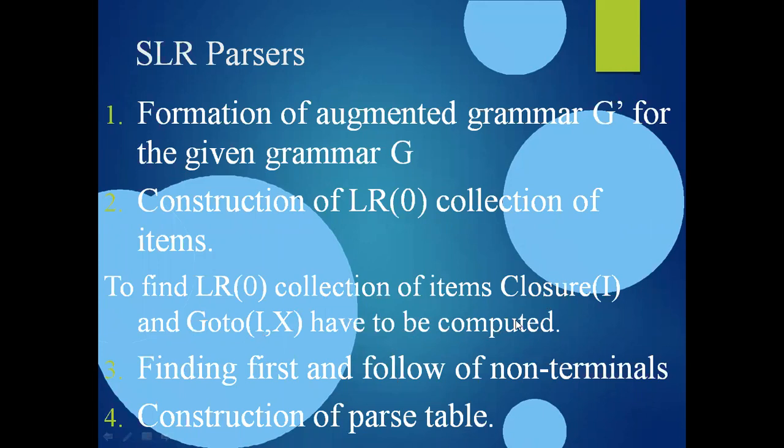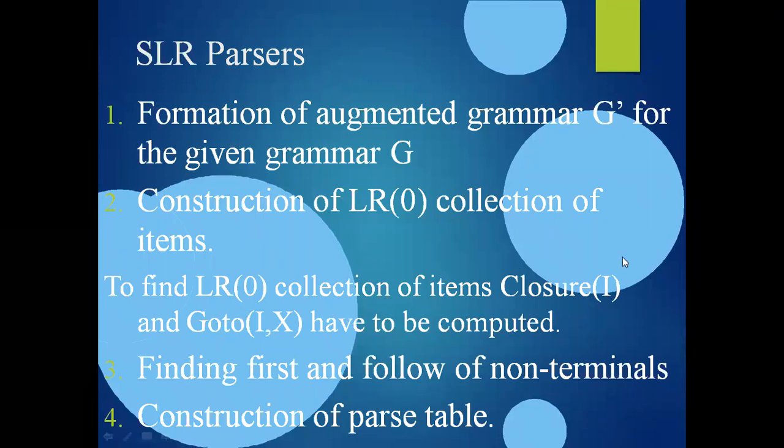And after computing these 2 functions, then we can find the first and follow of each and every non-terminal. And after finding the first and follow, finally we're constructing the parsing table, right? Here we're having 2 functions to be computed.